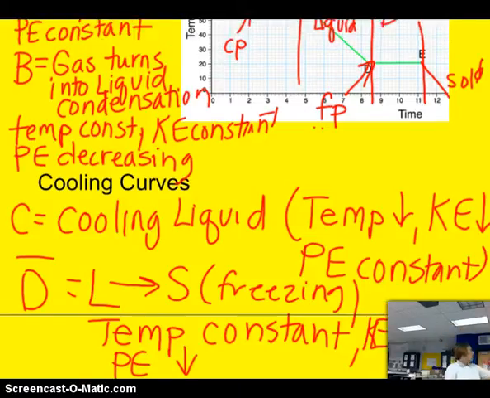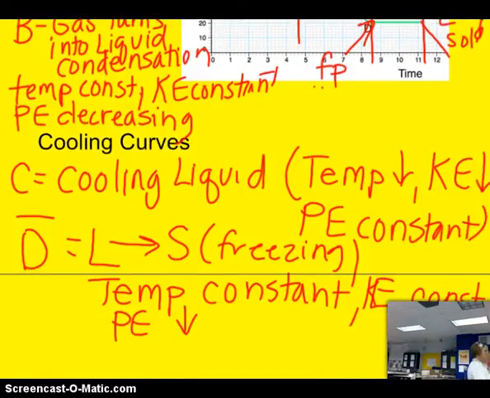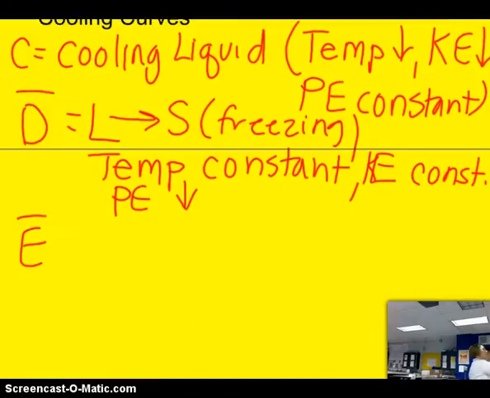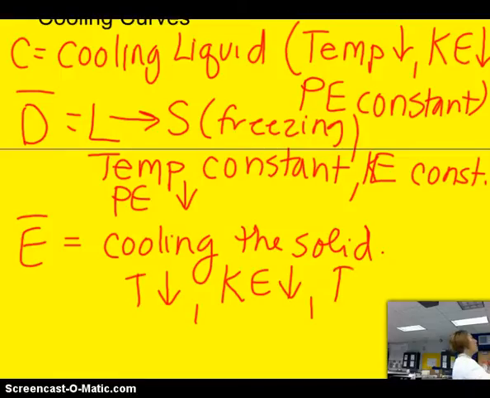And then you probably already figured out what's happening in segment E. You are just cooling the solid. Okay, the temp is going down, the kinetic energy is going down, but the potential energy is constant.